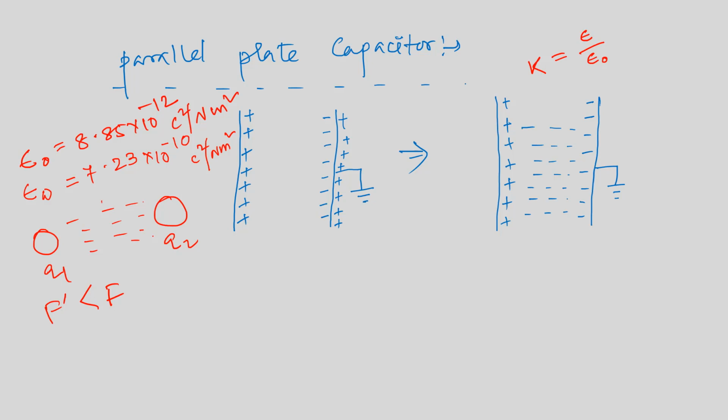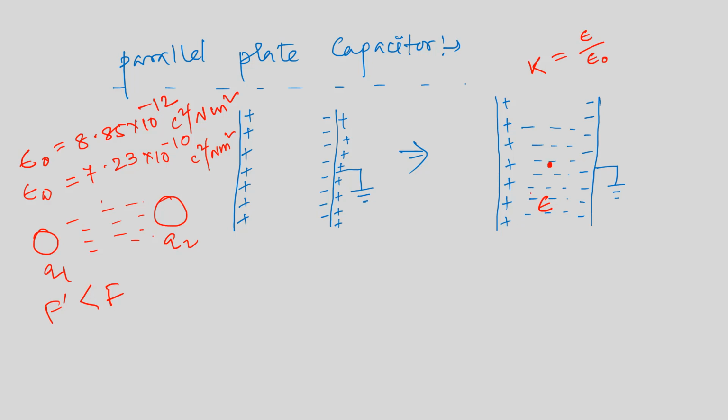In this case, we are assuming that inside the capacitor we are using a medium which has the permittivity epsilon. So inside the capacitor, what will be the value of the electric field due to the positive charges and due to the negative charges? Remember Gauss theorem? There was the application of Gauss theorem.